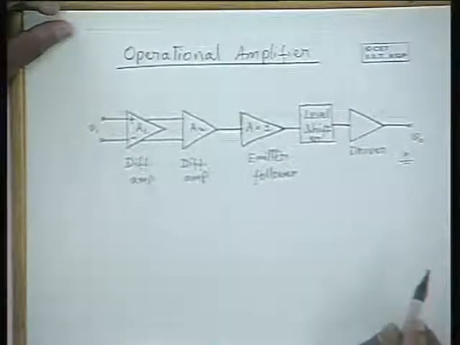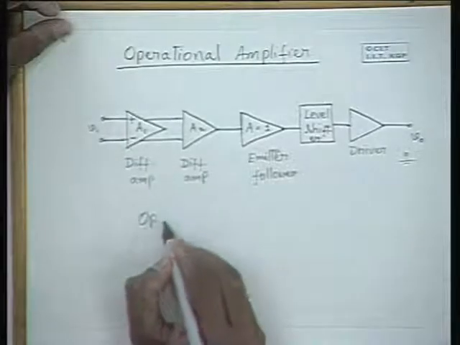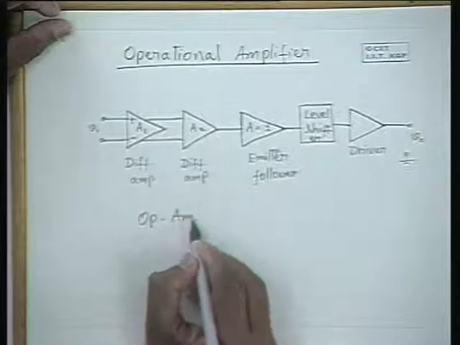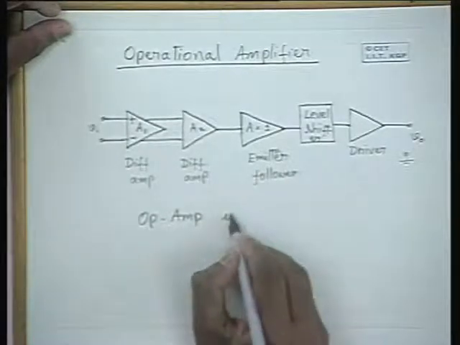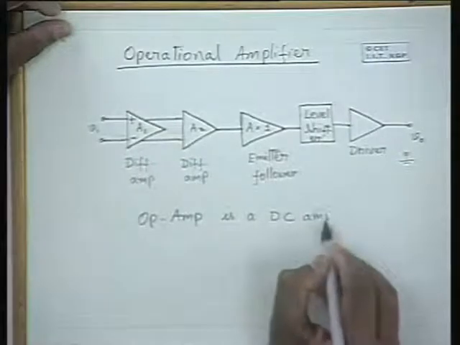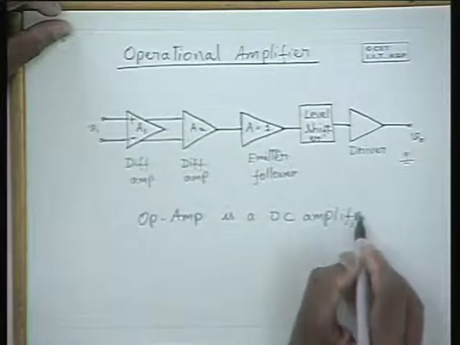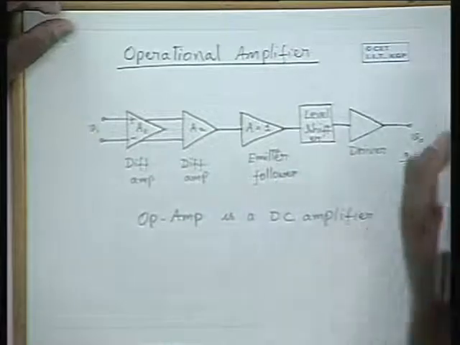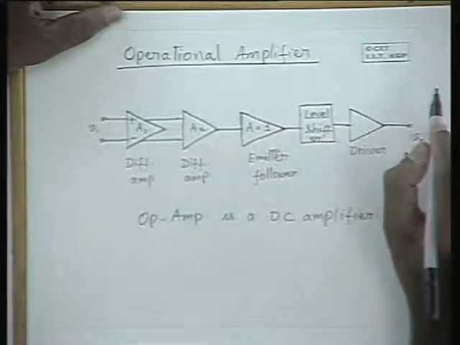And another point which I would like to mention is that an operational amplifier, which is called an op-amp in short, is a DC amplifier. It can be used to amplify DC signals also.